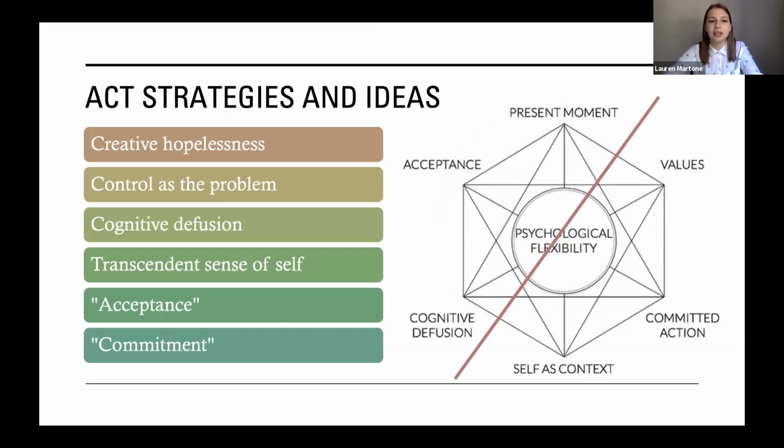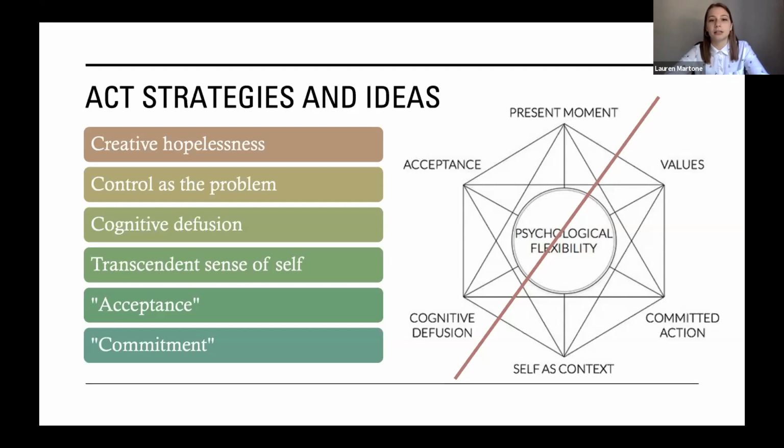So the therapist has to start by getting the individual open to the idea of trying something new because the previous strategies have failed, or why else would they be with you in that moment? Additionally, in ACT, control is conceptualized as the problem. As I noted earlier, we can often amplify our own suffering by trying to suppress or control our thoughts and feelings. So ACT encourages clients to drop the struggle with themselves and with their thoughts.